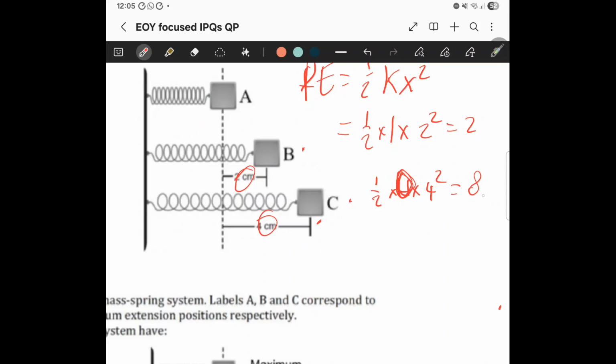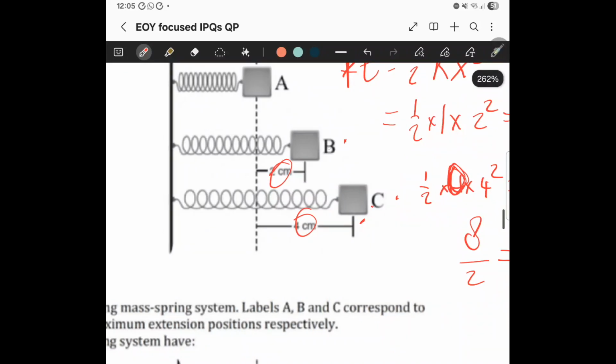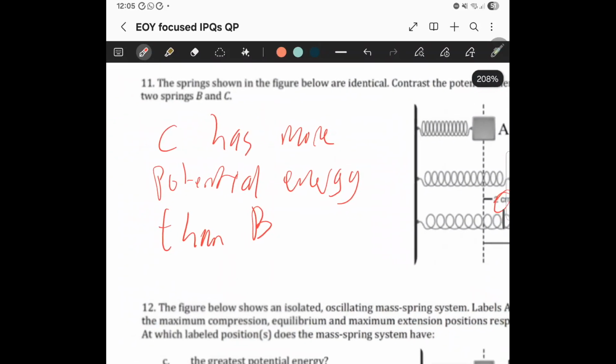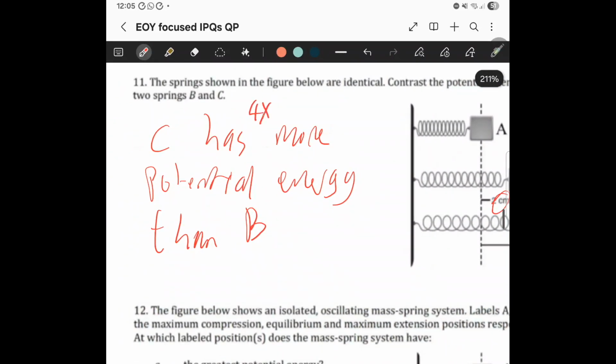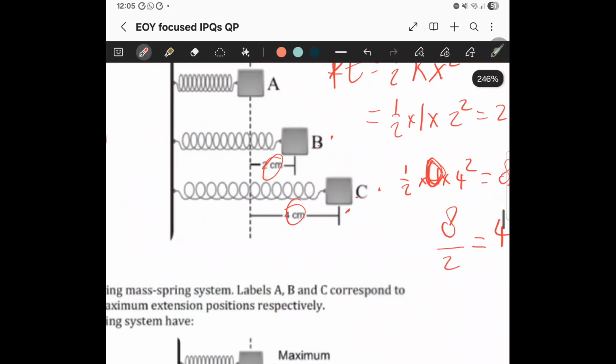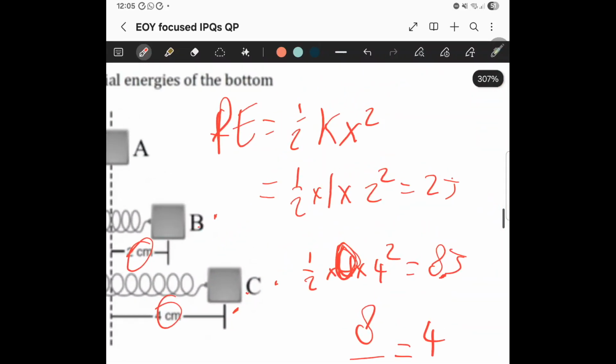What I do know is that this will become 8 joules, for example, and this will be maybe 2 joules. 8 over 2 is 4. That tells me C has 4 times more potential energy than B. How did I do that? All I did was use PE equals a half kx squared.